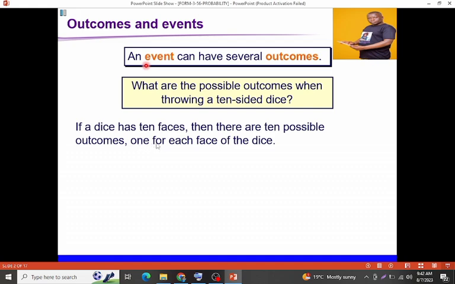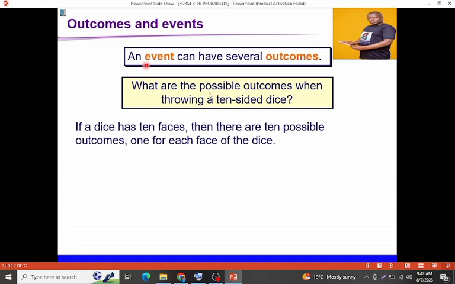Each outcome represents a face that is seen from the top, the face that faces upwards, which may be numbers 1 to 10. So each number is an outcome.